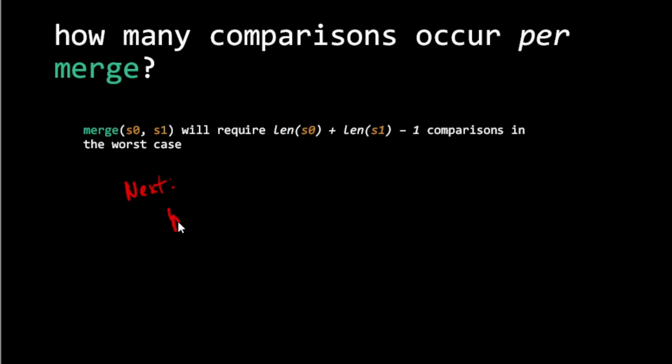Now we need to figure out how many merges there are, and what m and n are when we do those merges. We don't really know what these are yet.